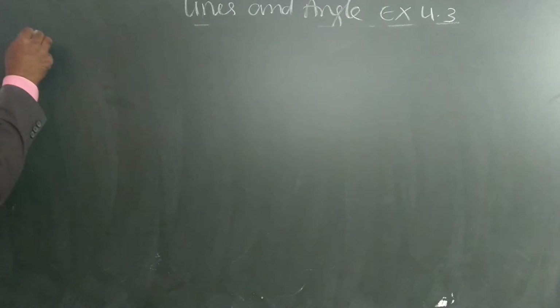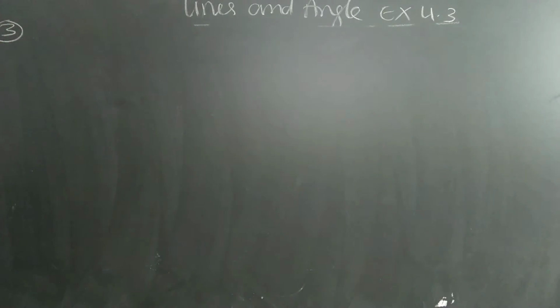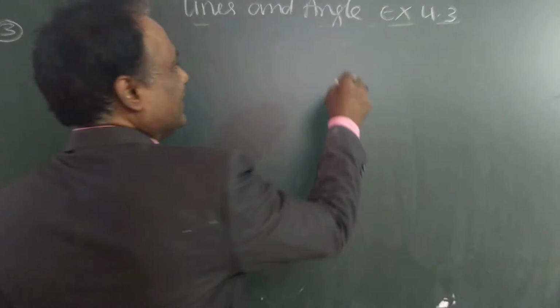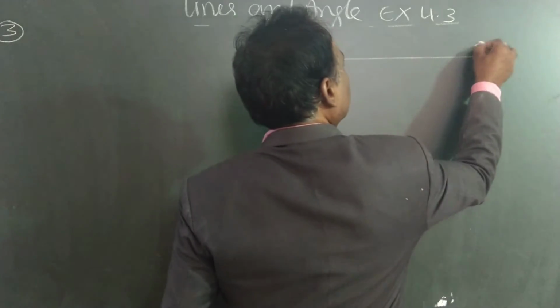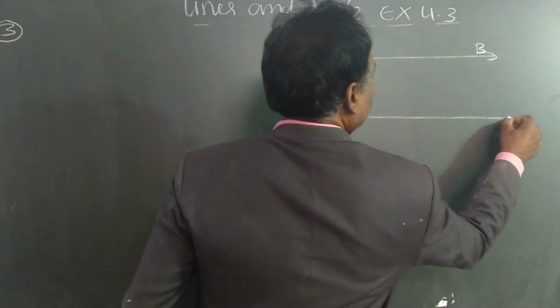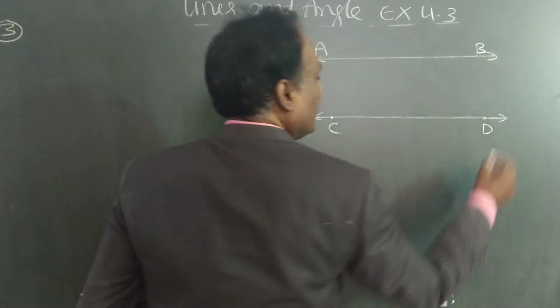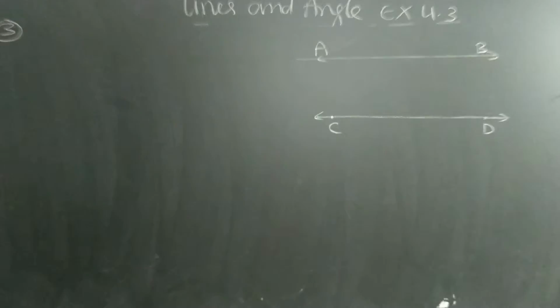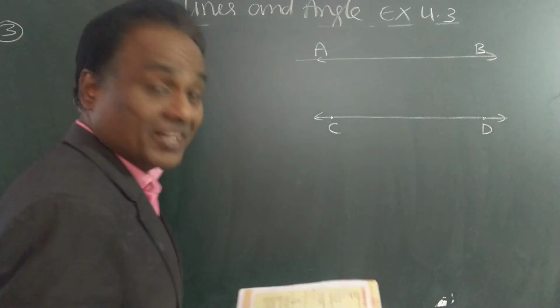Students, next third problem. In the adjacent figure, AB parallel to CD, and EF is perpendicular to CD.